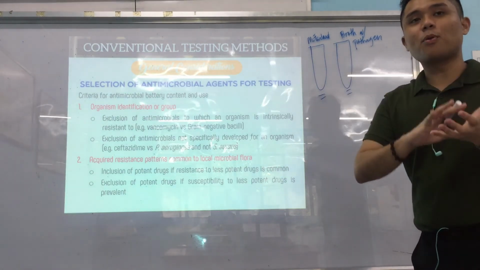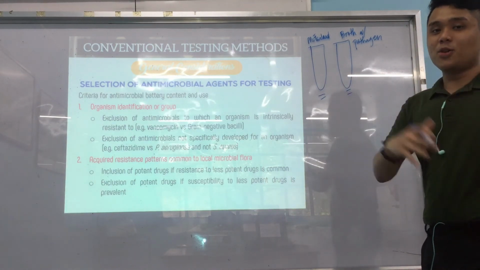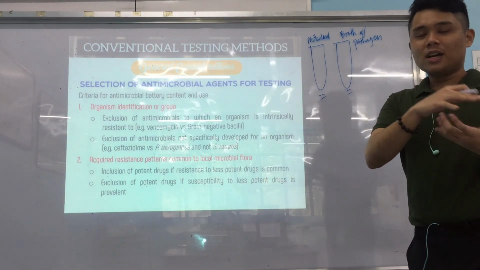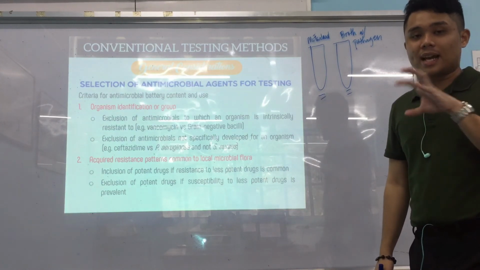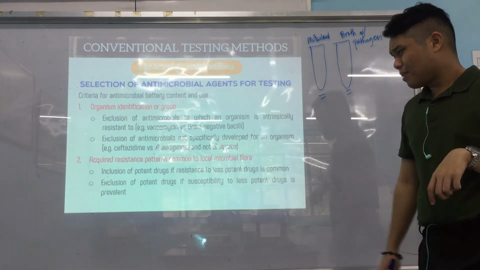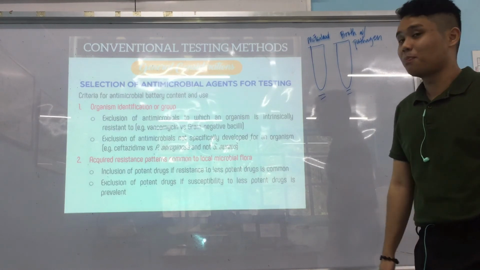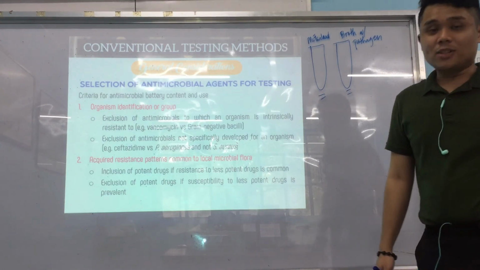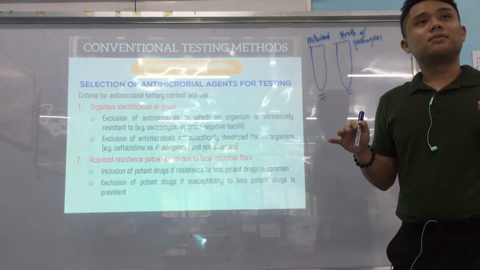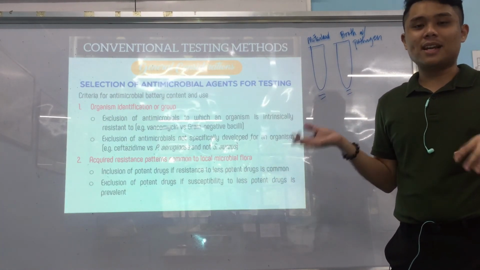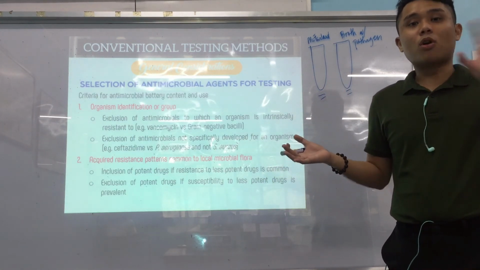If most of your organisms exhibit resistance to the less potent drugs, we include more potent drugs, since the organisms have already developed resistance against those drugs. And we exclude potent drugs if susceptibility to less potent drugs is prevalent. For example, you have two antibiotics, penicillin and erythromycin. Let's say erythromycin is less potent and penicillin is more potent.